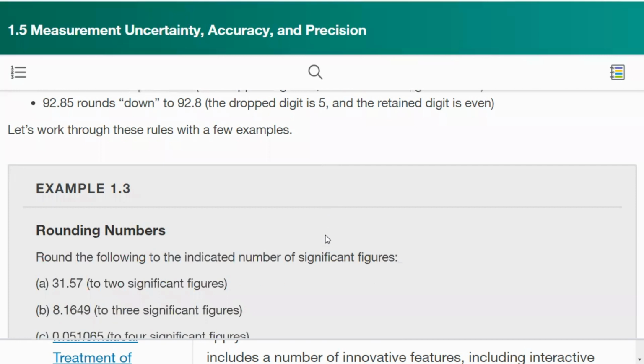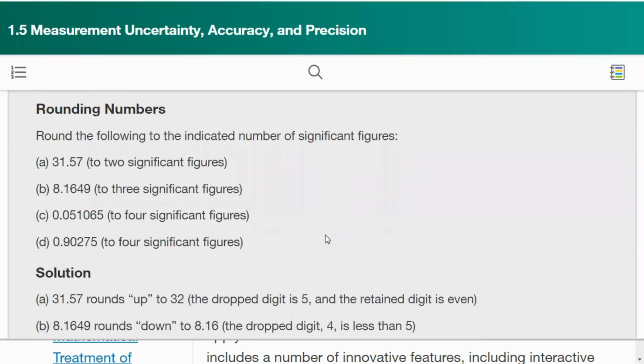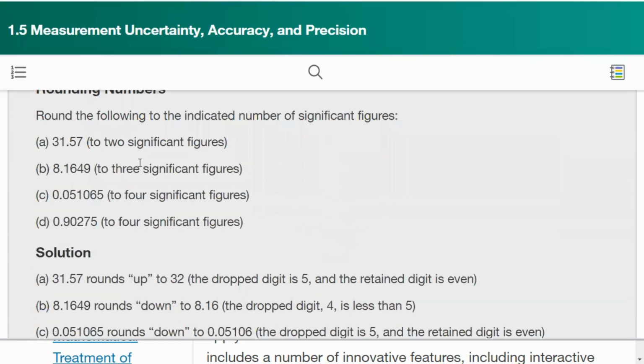Let's work through these rules with a few examples. Rounding numbers. Round the following to the indicated number of significant figures. Round to 2 significant figures.